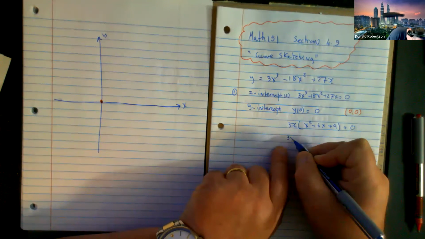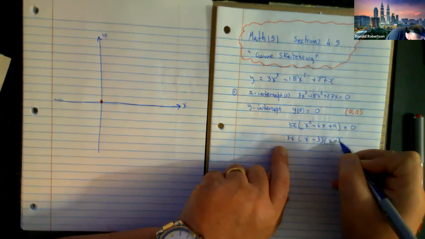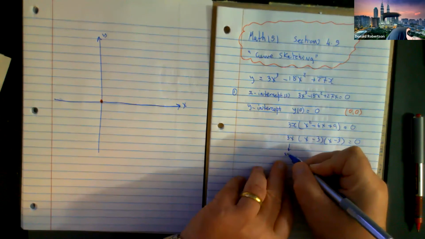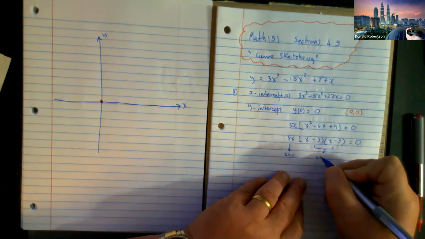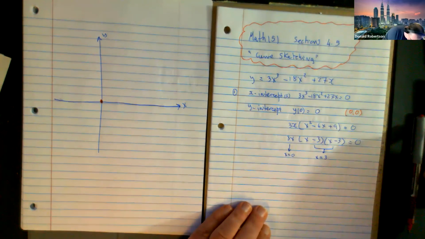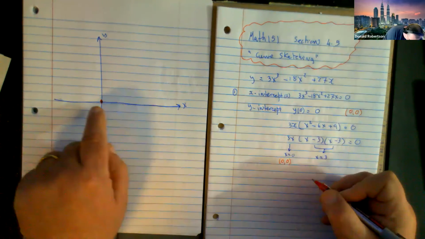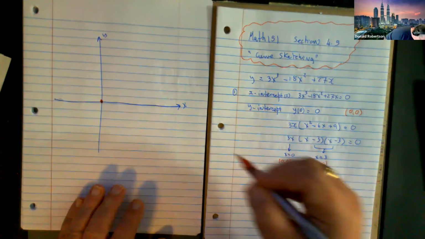Then I factor it a little more and get x minus 3 times x minus 3, which is basically the same thing. And I get x equals 0, and x equals 3. So I have an x-intercept at the origin, which I already knew, and an x-intercept at 3.